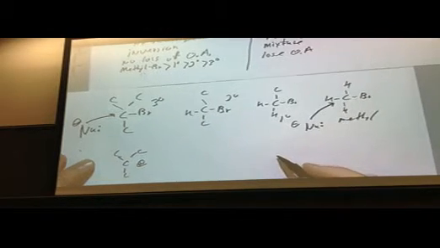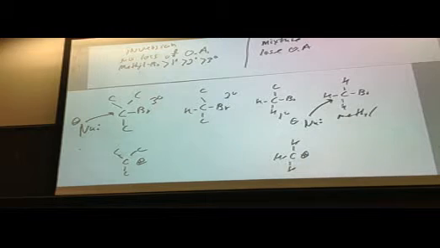Now what about if it's SN1? Well, if it's SN1, the nucleophile doesn't attack first. First, the leaving group leaves, and you get a 3rd degree carbocation, which is stable. If it's the methyl halide that's reacting and the leaving group leaves, you get a methyl carbocation.